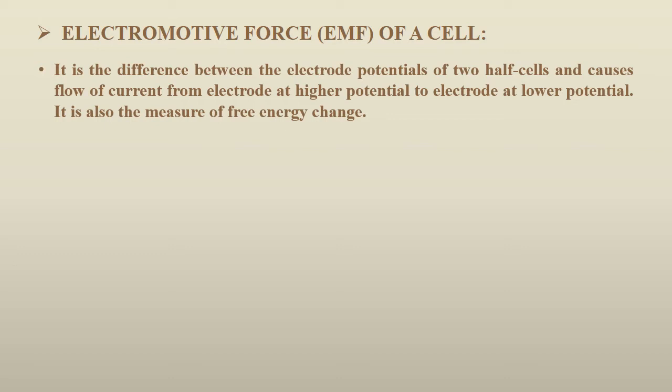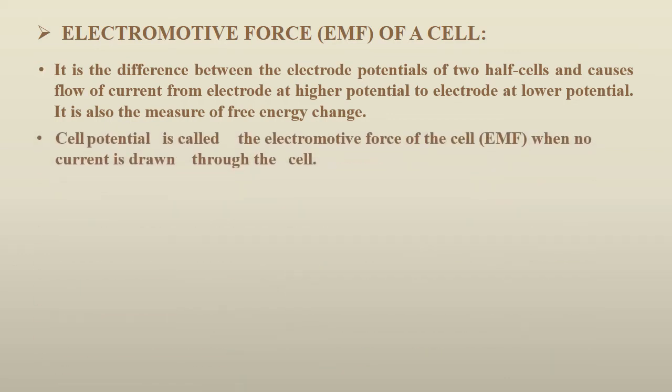So, your E0 cell we are going to calculate with respect to the half cell, that is higher potential to lower potential. Now cell potential. Cell potential is called the EMF when no current is drawn through the cell.